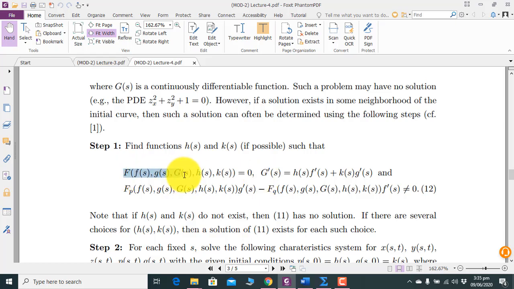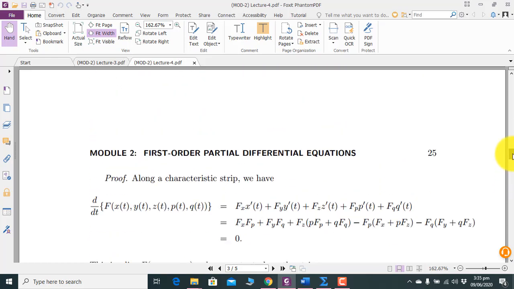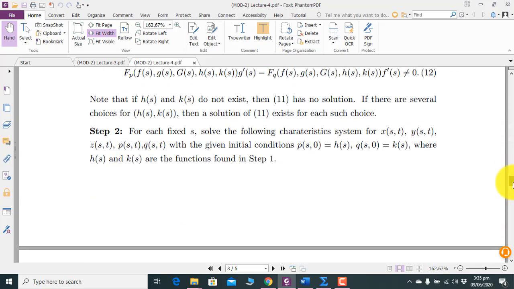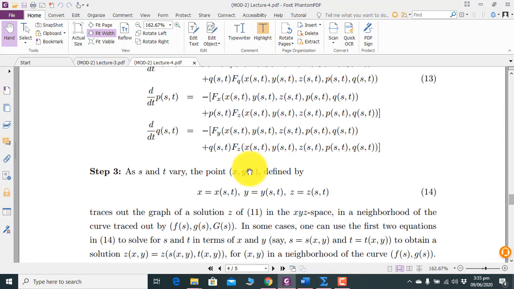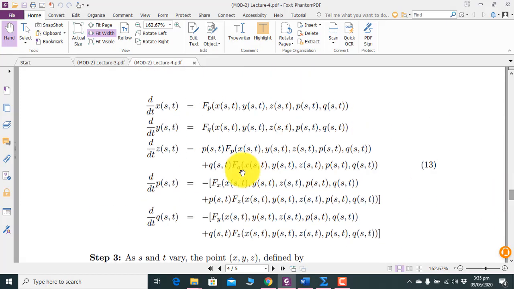One of the equations is capital F, which we have already written as condition C1. The second place where P and Q exist is capital G, because G depends upon x and y. And what is the ordinary differential equation for G? Look back, the ordinary differential equation for Z is there.